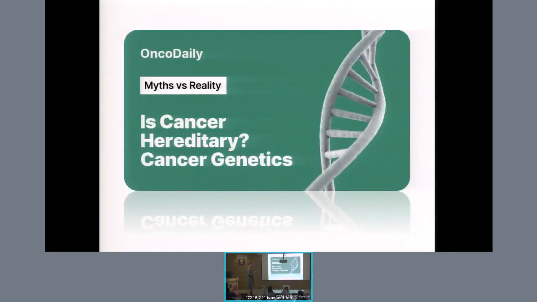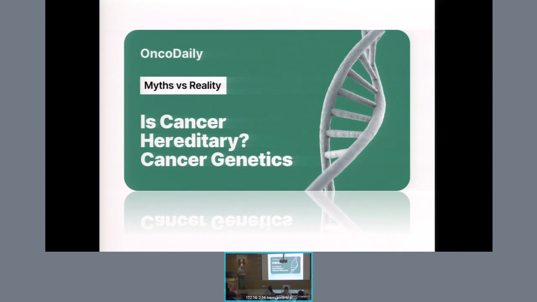So then a question arises. एक सवाल है जो पैदा होता है, is cancer hereditary or is it familial? There are cases where the cancer runs in a particular family. We find a lot more cases in a particular family.